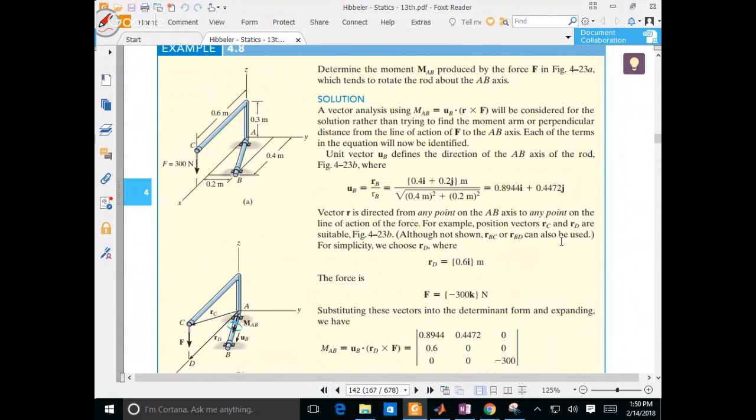Otherwise, whatever this object is will start rotating. So what does he do? He finds the base vector around that thing, and he can find out the moment along this AB so that you could put that piece of rubber down there and tighten the bolts down so it could resist that moment.